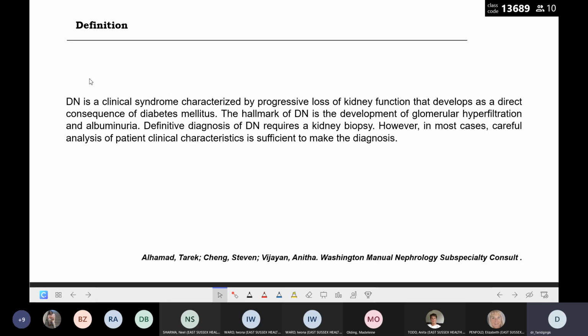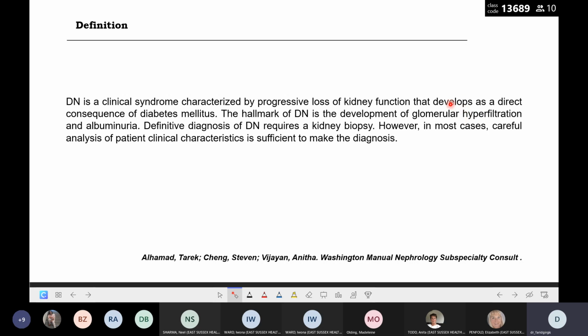So the definition of diabetic nephropathy: it is a clinical syndrome characterized by progressive loss of kidney function. So it is a progressive gradual decline of kidney function as a direct consequence of diabetes, okay? The hallmark of diabetic nephropathy is the development of glomerular hyperfiltration.